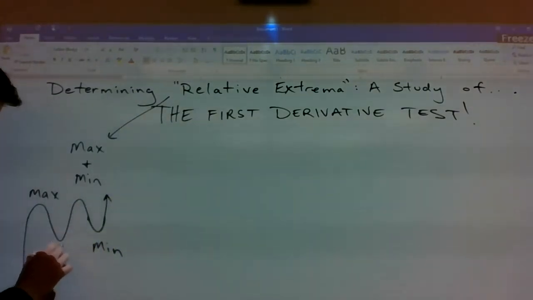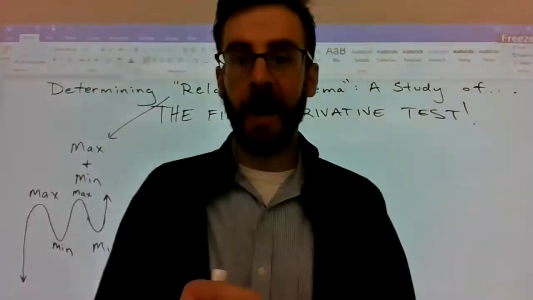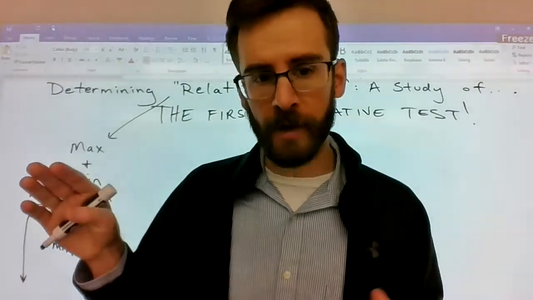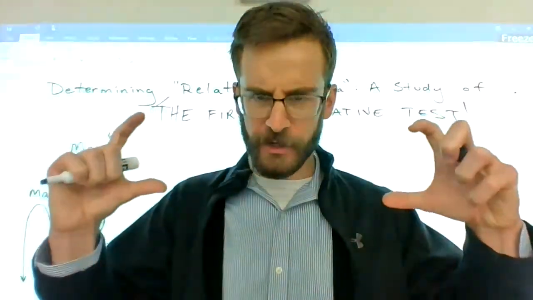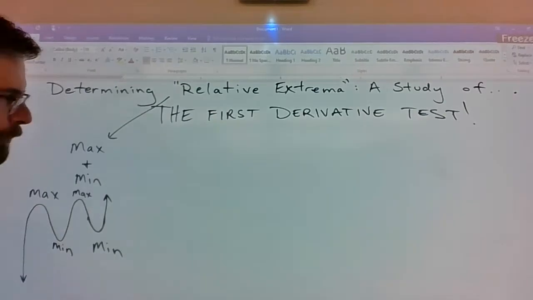And this would be a min value. And that would be a max value. But we would call them relative max or min values because they're not the absolute highest points and lowest points. They're just, relatively speaking, in a little window there. It's like, hey, these are the high points and these are the low points.